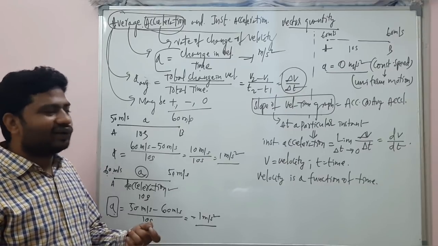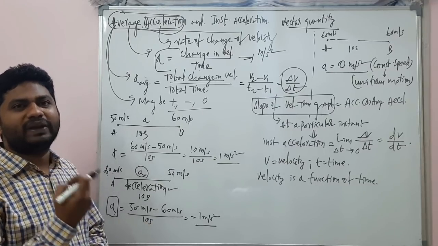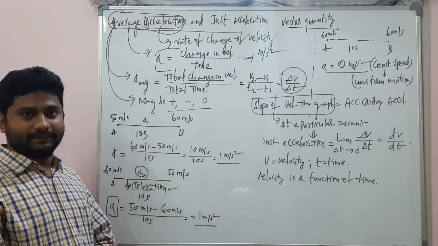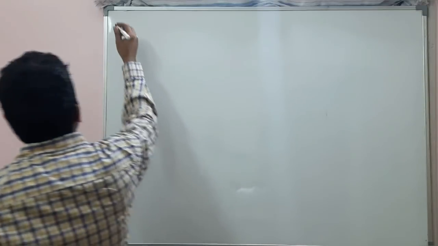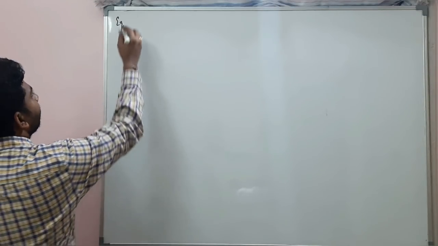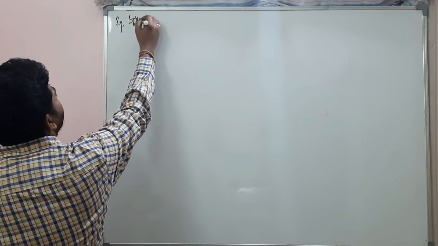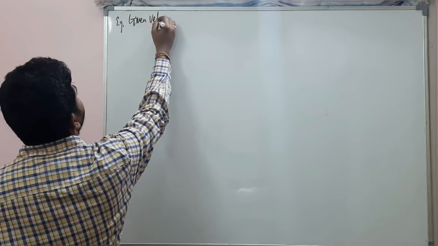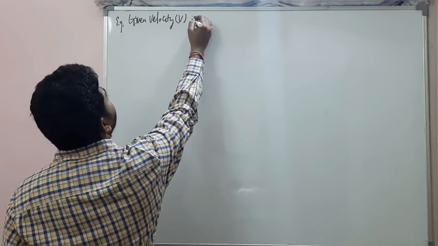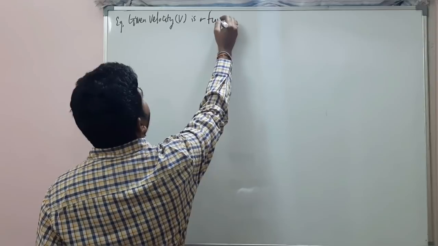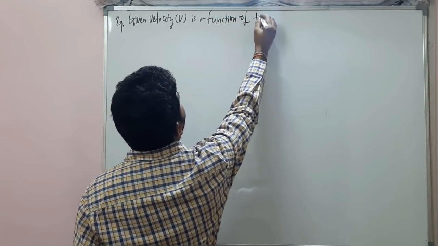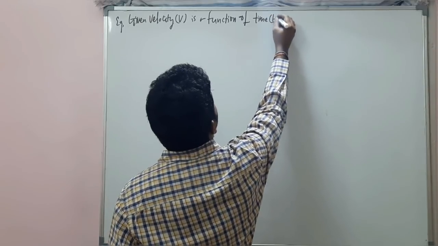Now, let us solve a few important and basic numericals of instantaneous acceleration. Let's see the given example here. Given velocity v is a function of time t.